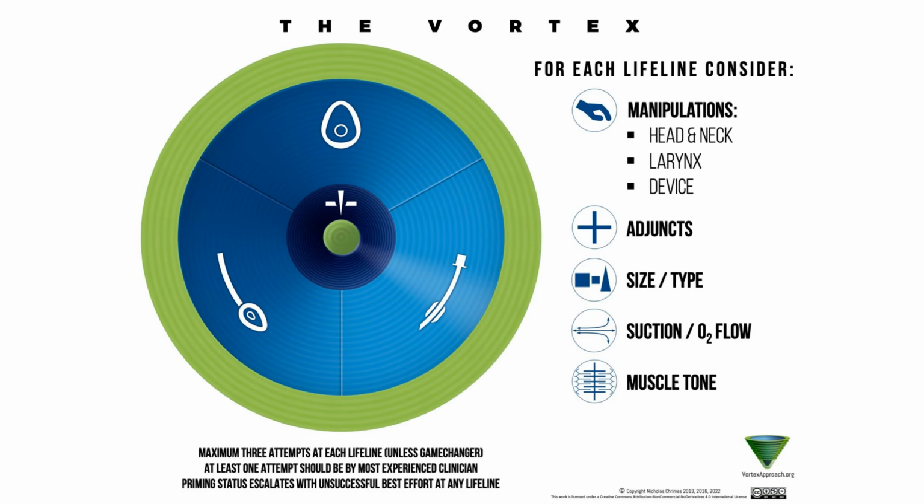The other scenario that the vortex model allows for is that if you have success during any one of your attempts at any of the three airway options, and now you are able to oxygenate the patient and to some extent ventilate the patient, then you can rise up through the vortex and enter the green zone, where the patient is relatively safe because you have an airway technique that is working and you are able to oxygenate the patient, or hopefully even fully ventilate the patient.